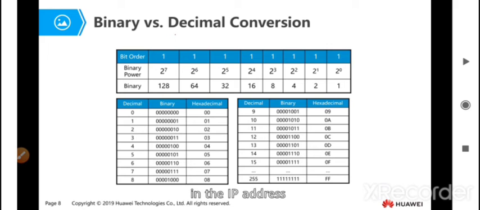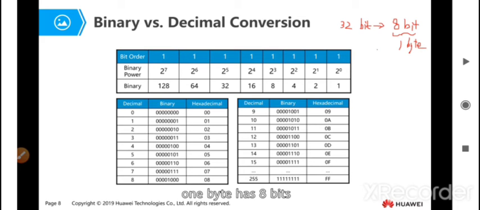And then in the IP address, we use 32 bits of binary. We can divide this 32 bits into 4 parts. Each part is 8 bits. This is just 1 byte.